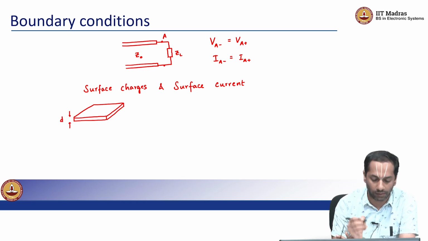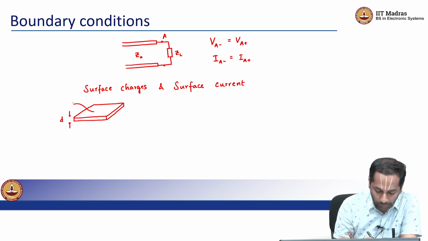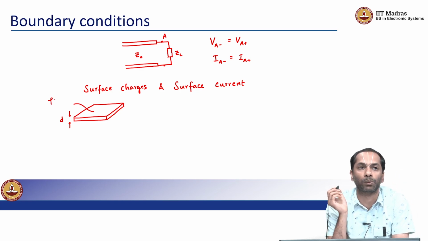Right. So assume this volume has a charge density rho, which is in coulombs per meter cube, right.